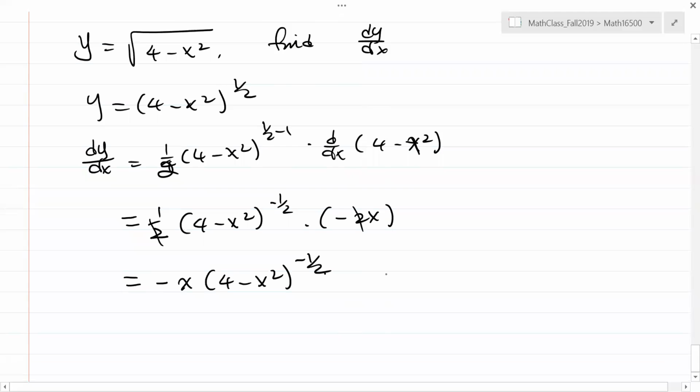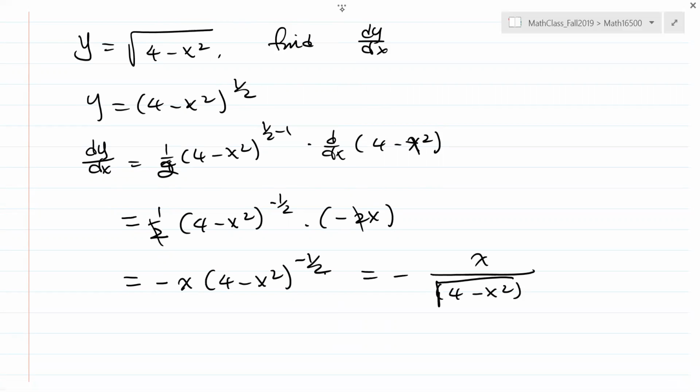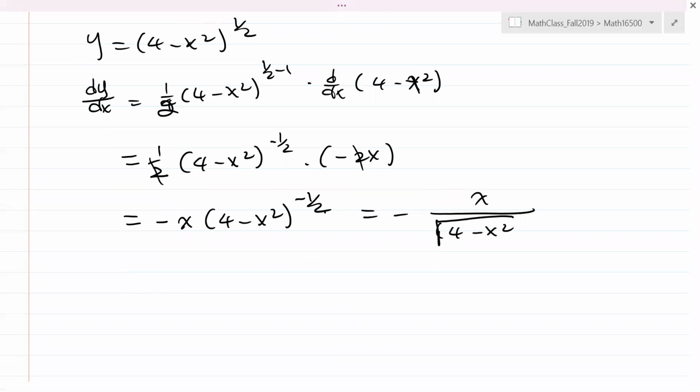Sometimes you can write x over the square root of 4 minus x squared. Radical is a traditional notation. It's not the best choice, but it looks friendly, so we use it. But when doing the computation, we don't like radicals. It's hard, so we have to change it to the power function form.